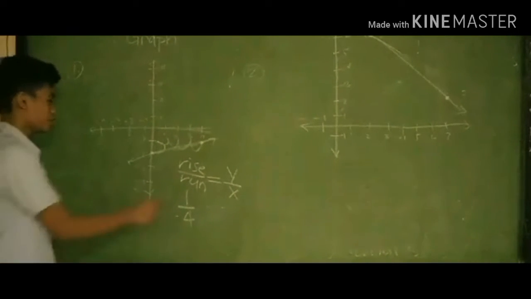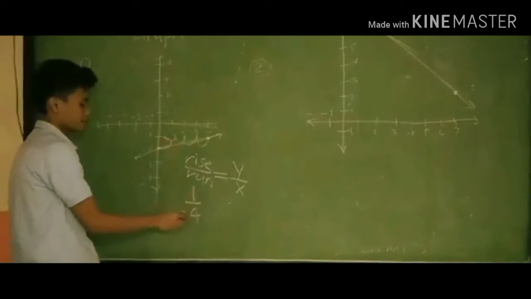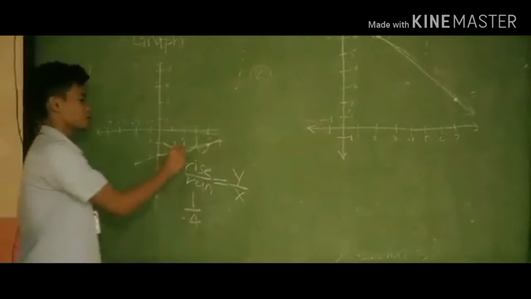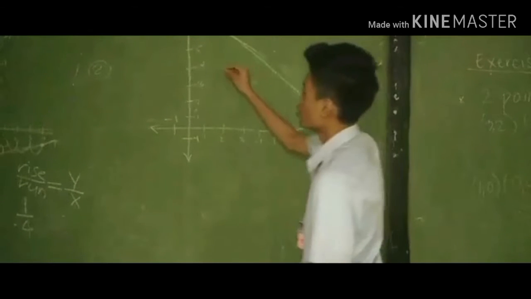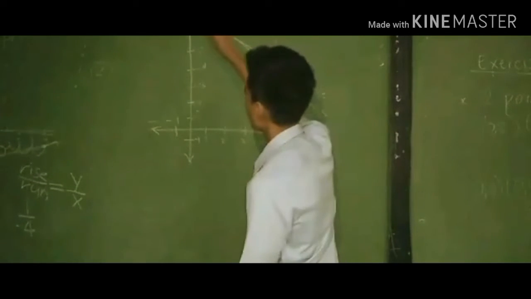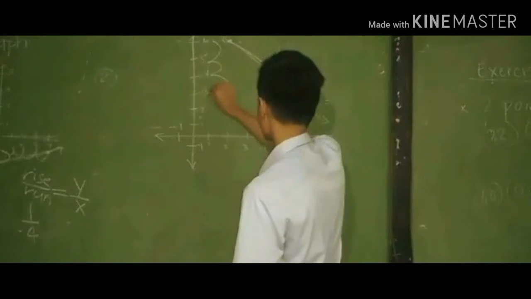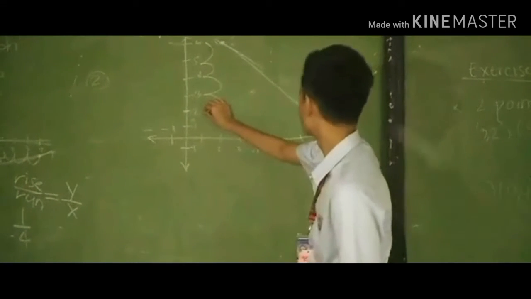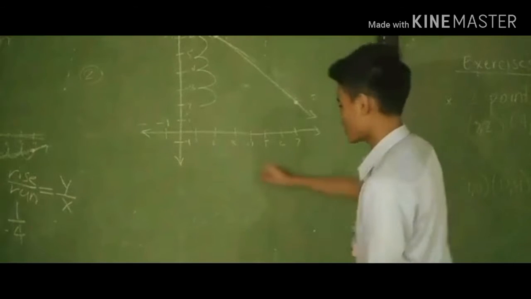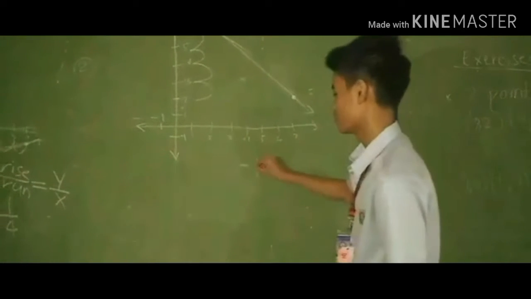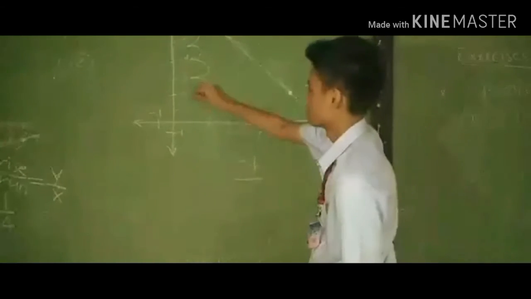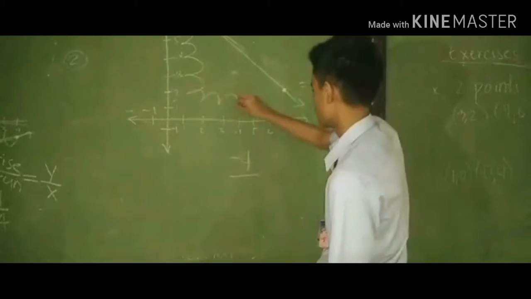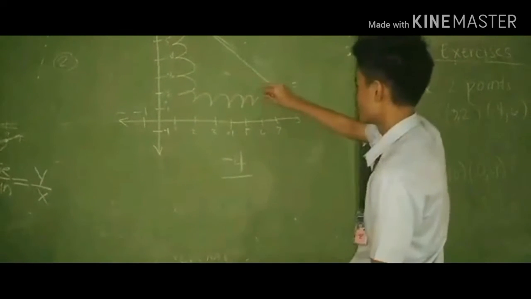The rise is positive because we are going up, and the run is positive because we are going to the right. In the rise, we will count again: 1, 2, 3, 4. That's our rise. It is negative because it is going down. Then on the run we have 1, 2, 3, 4, 5, 6.